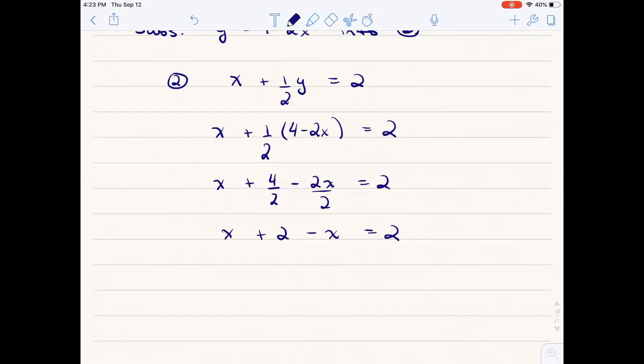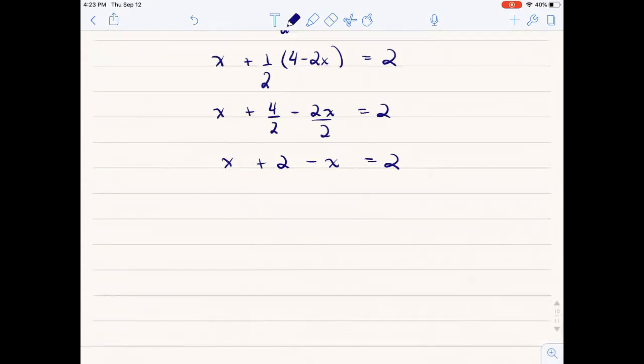But wait a second. Uh-oh. x minus x disappears, and we're just left with 2 equals 2. We can all agree that that's true.